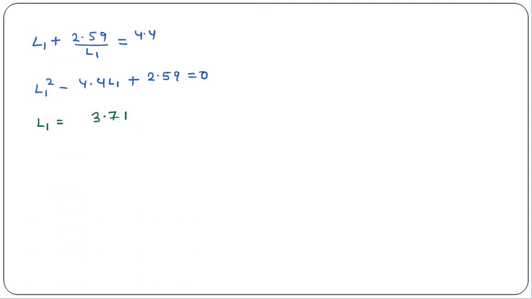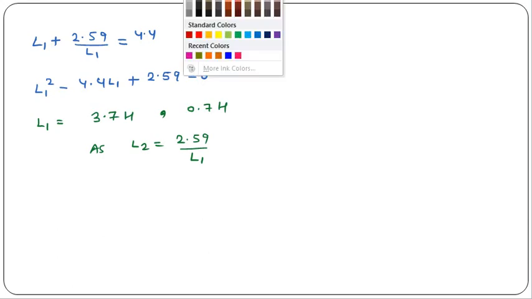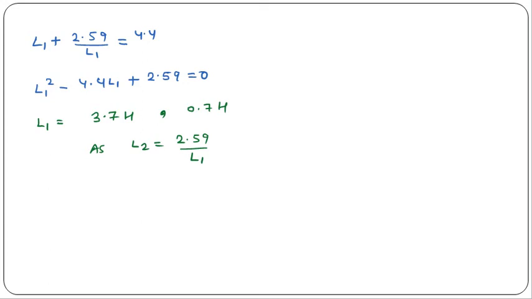One is 3.7 Henry and another is 0.7 Henry. If we substitute L1 as 3.7, then as we know L2 is equal to 2.59 by L1. Next time we will substitute L1 as 0.7. From that we are getting L2 as 2.59 by 3.7, which gives 0.7 Henry, and if we substitute L1 as 0.7, then we will get 3.7.